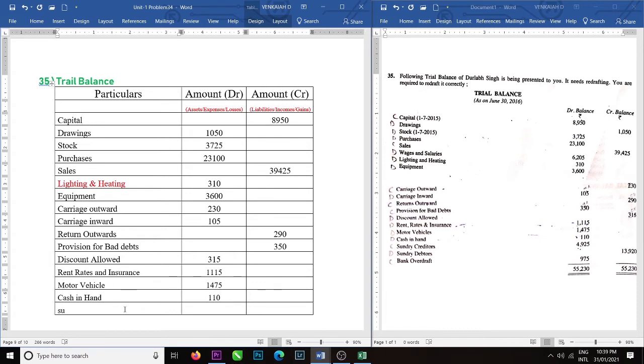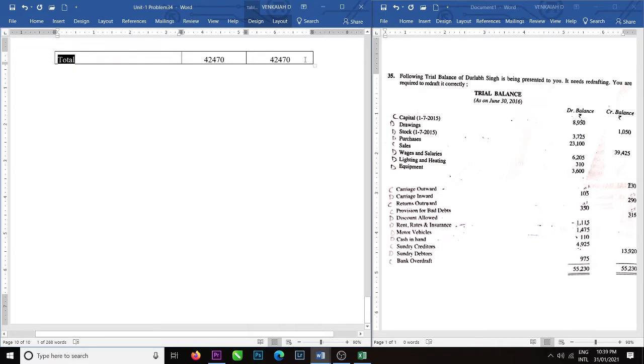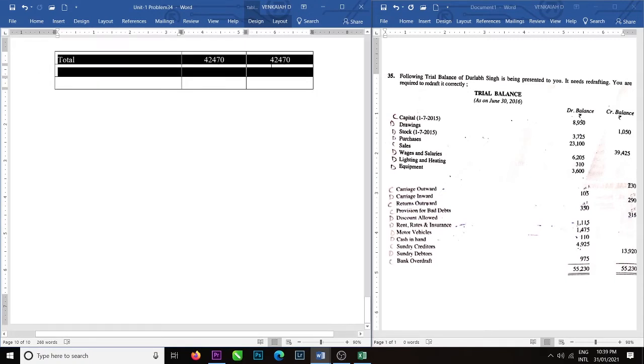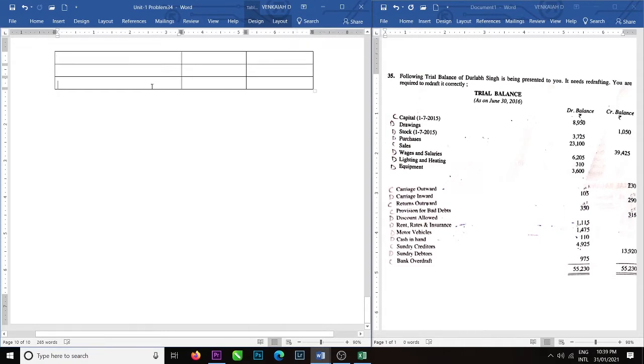Sundry debtors. Sundry creditors is a liability. Sundry returns. 1,3290. Bank is 970.